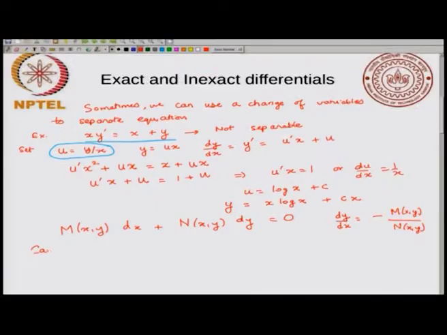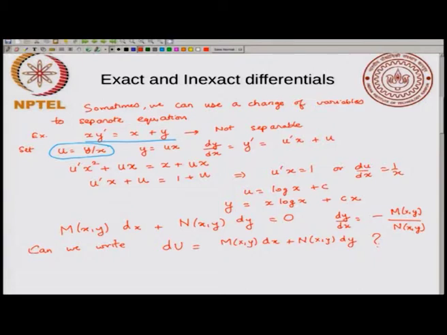So, can we write du equal to m of x y dx plus n of x y dy? Is there some u, a function of x y, such that du can be written in this form?